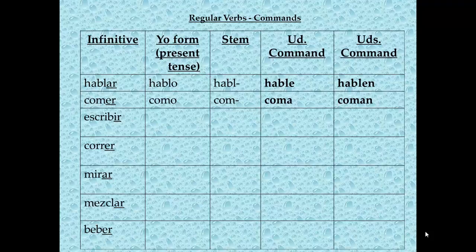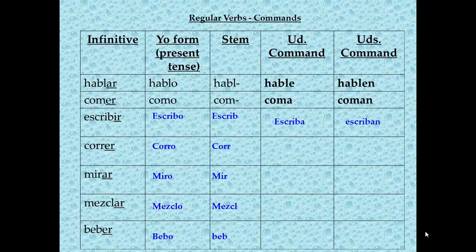Okay, hopefully you paused the video. So here's your answers for escribir, and correr, and mirar, and mezclar. The first step, of course, go to the yo. There's your yo forms. And then the second step is to take off the O. So there you go. There it is with the O taken off. The next step is to add your opposite ending.